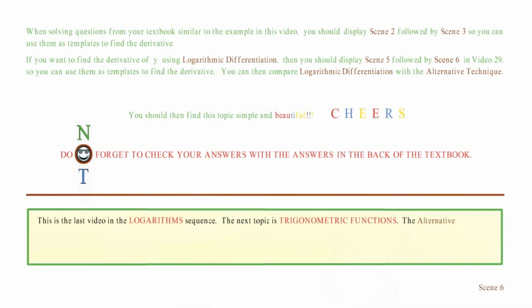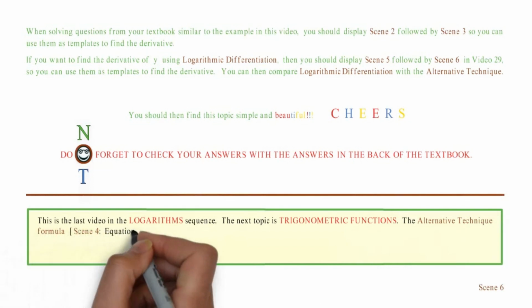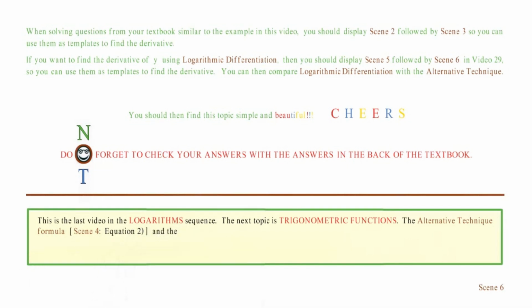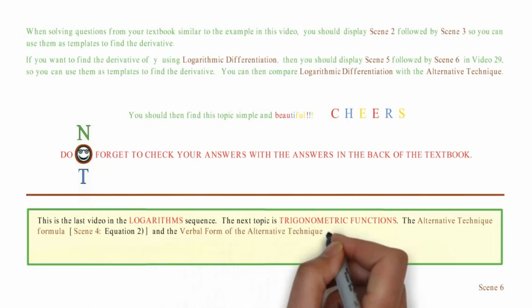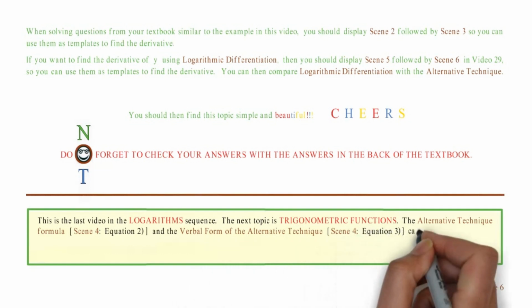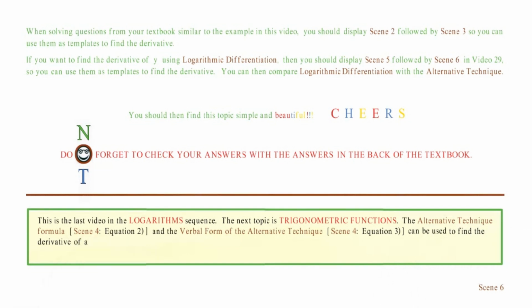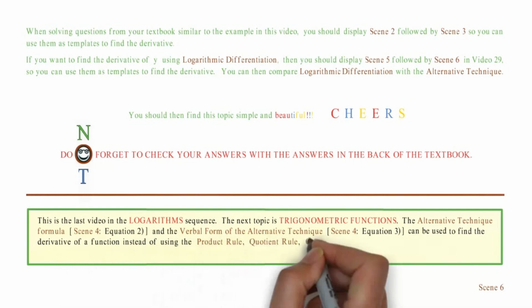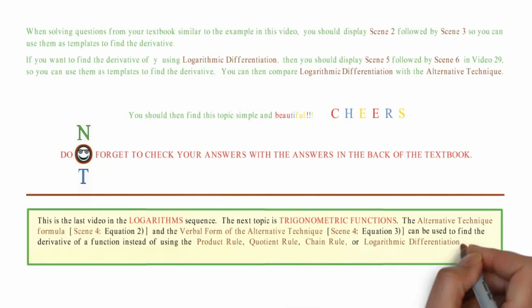The alternative technique formula, scene 4, equation 2, and the verbal form of the alternative technique, scene 4, equation 3, can be used to find the derivative of a function instead of using the product rule, quotient rule, chain rule, or logarithmic differentiation.